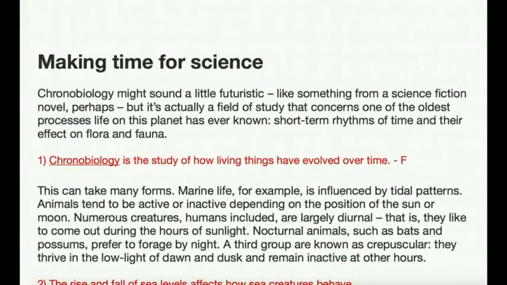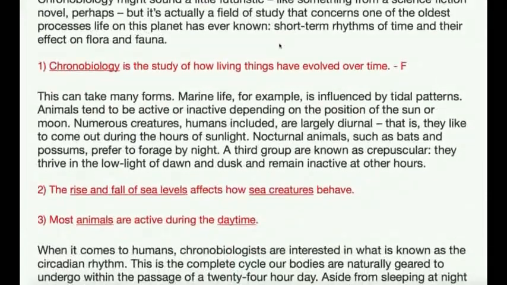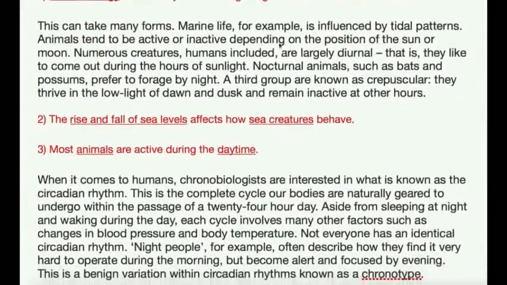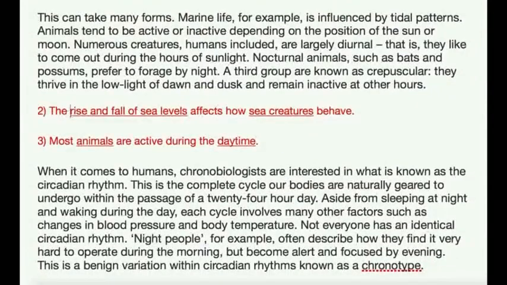Okay, now let's look at question 2 for this IELTS reading true, false, not given exercise. So statement 2: the rise and fall of sea levels affects how sea creatures behave. Now we've seen that the answer is here. Marine life, for example, is influenced by tidal patterns. Now the answer to this one is true.